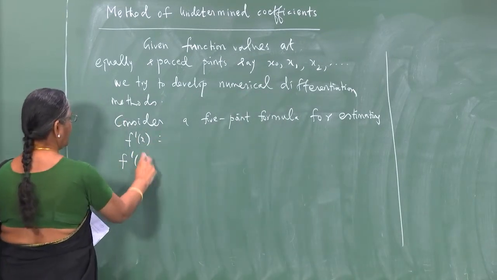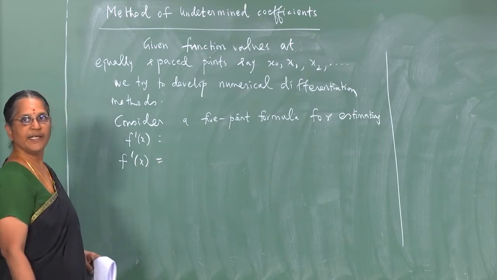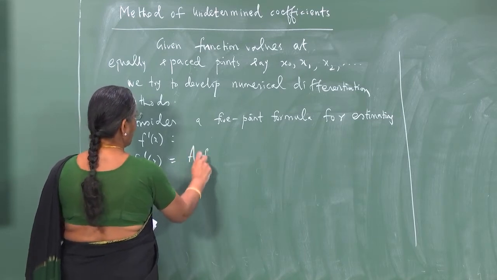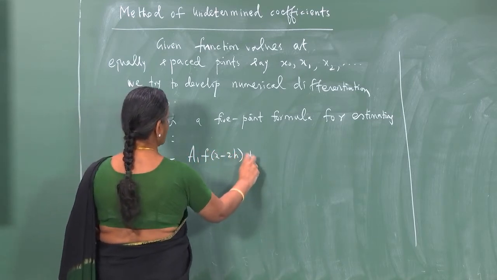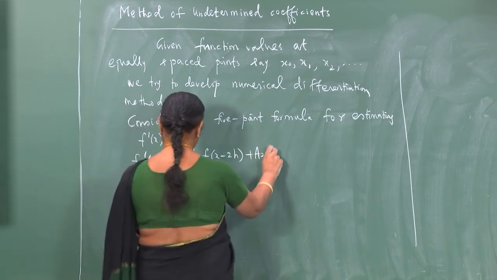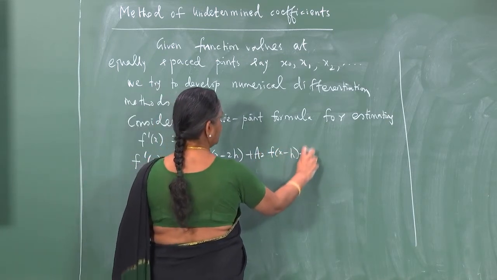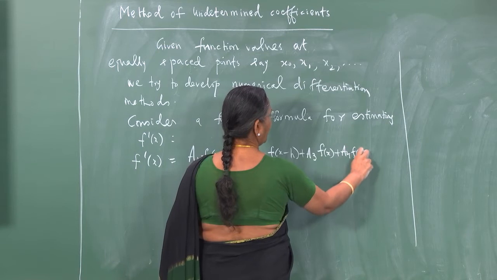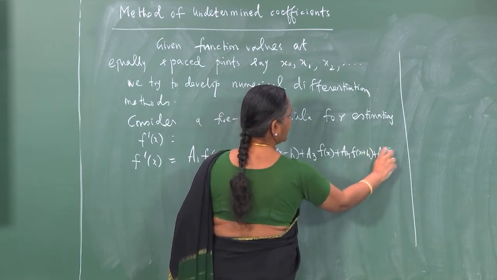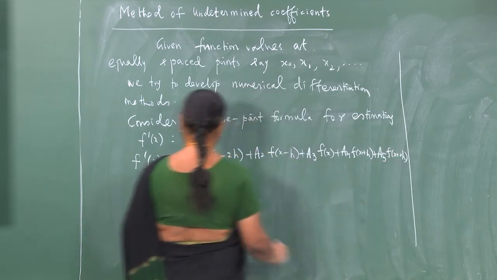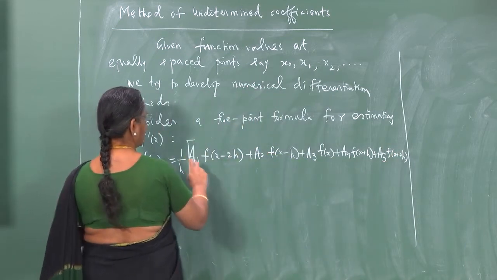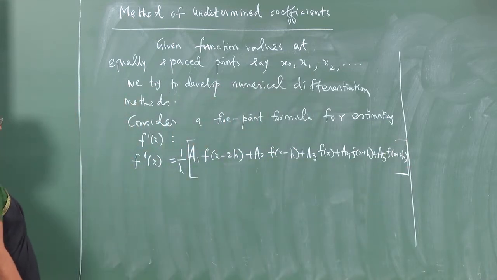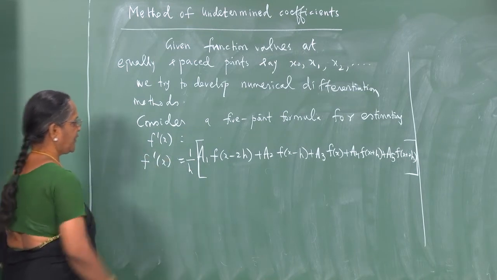Let us take the formula as f dashed of x is approximately a1 times f of x minus 2h plus a2 into f of x minus h plus a3 f of x plus a4 f of x plus h plus a5 into f of x plus 2h, divided by h. Say, I want to construct a formula for f dashed of x in this form.